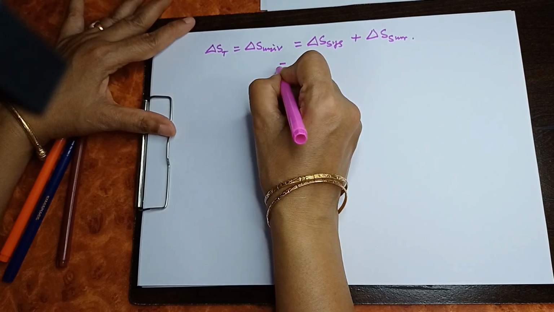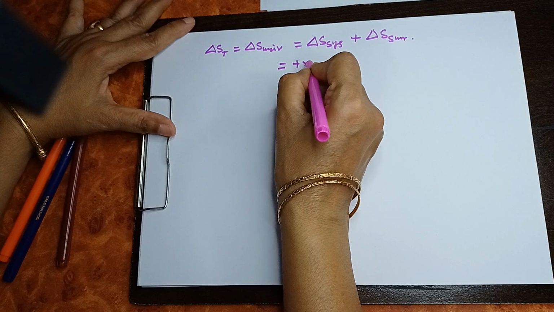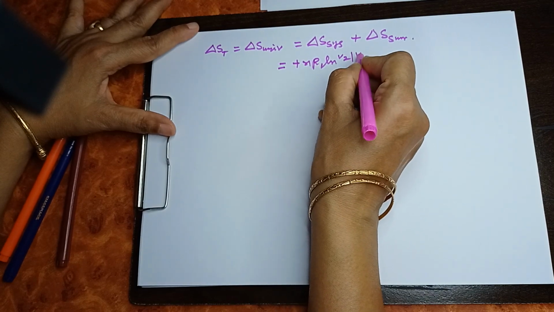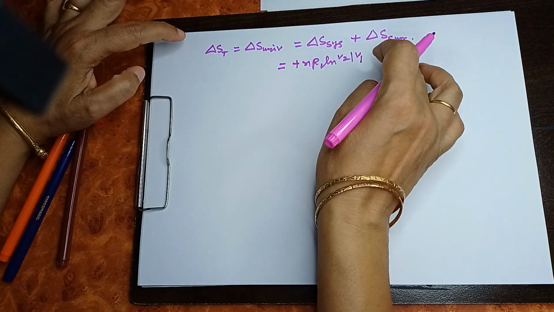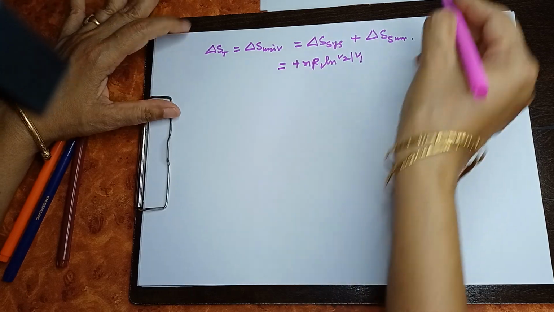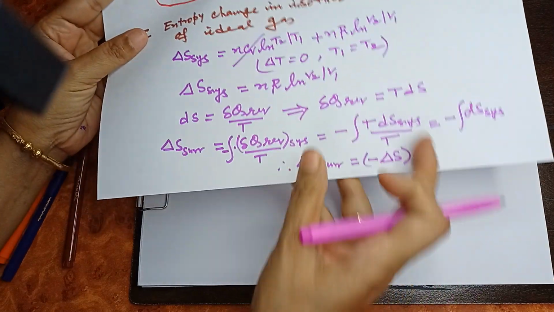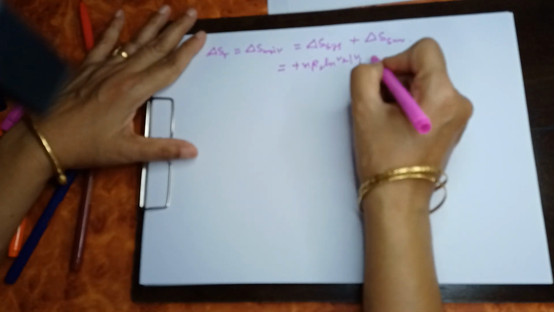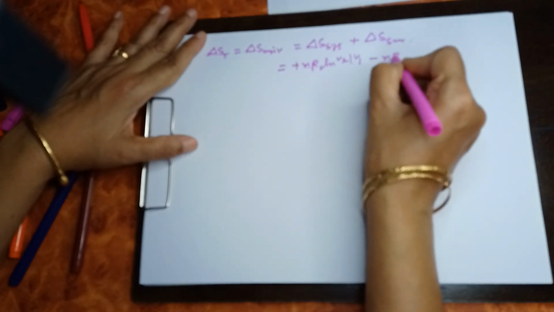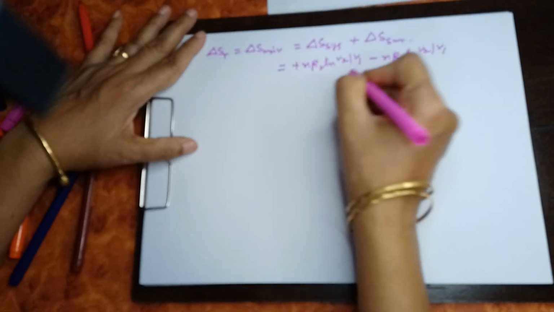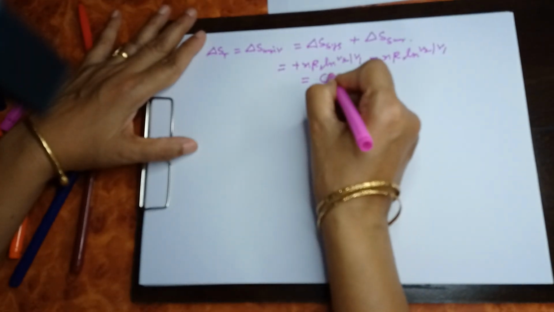Delta S system we have just derived, that is plus nR ln V2 by V1, and delta S surrounding is minus delta S system. Just now I have shown you delta S surrounding is minus delta S system. So it is minus nR ln V2 by V1. So that is equal to 0.